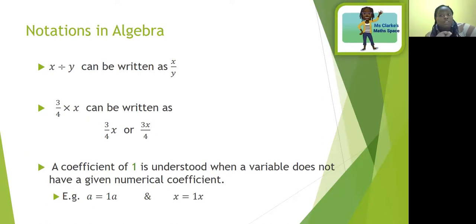So the coefficient of 1 is understood. So you don't have to write 1x, 1p, 1 apple. You could just say A for apple. All right? I hope that is understood. All right? Moving on.